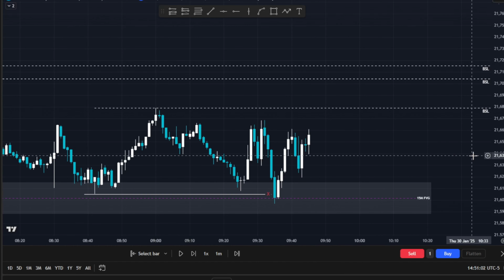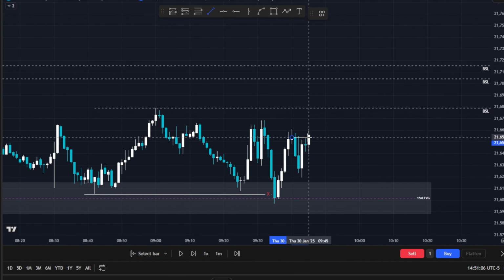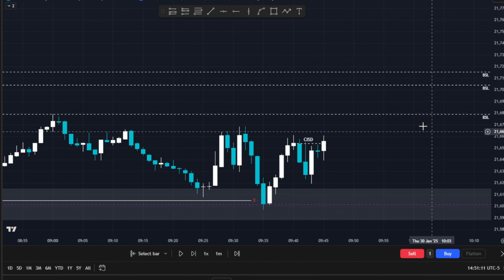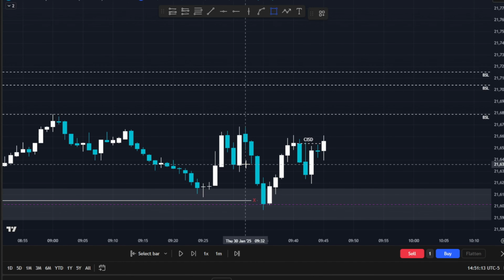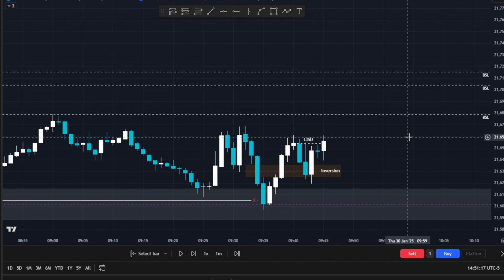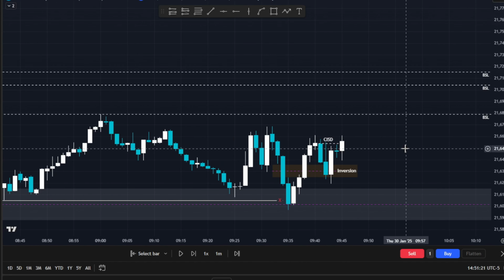Okay, so now you can see we actually got a change in state of delivery here. And also we can see the price respecting this 1 minute inversion as well. So in this case, we will use change in state of delivery for entry.